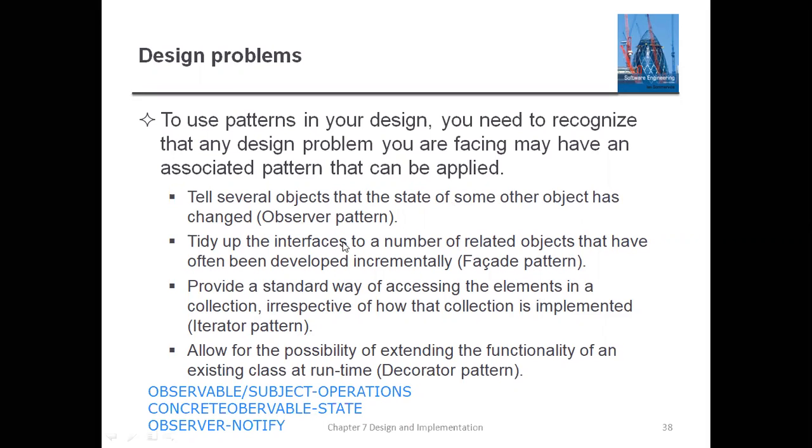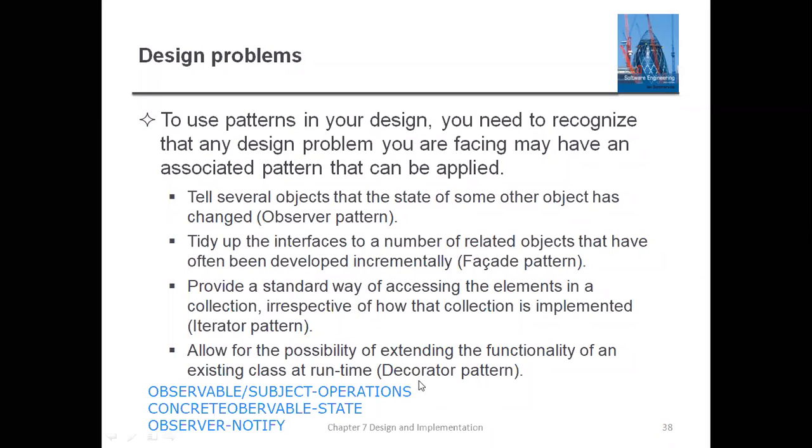The next one has a number of related objects, and they will always increase. It means you are going to add objects whenever you want. That kind of pattern is known as your facade pattern. What is the next one? That is your iterator pattern, where you have some collection of data that you always utilize. So if you are reusing it, that is known as your iterator pattern.